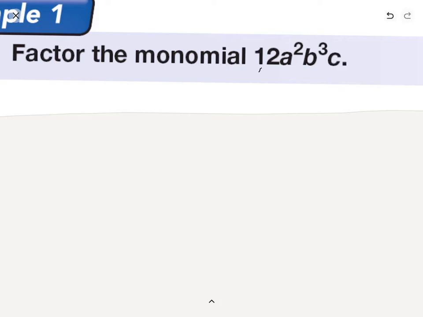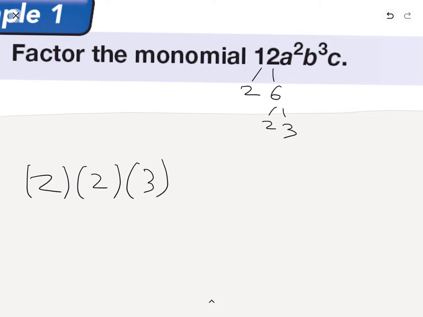So we could almost make a little factor tree out of 12 and say, well, that's 2 times 6 and then 2 times 3, right? So then that ends up being 2 times 2 times 3.